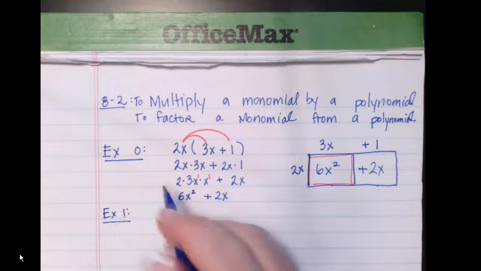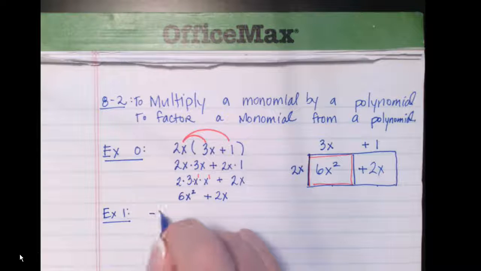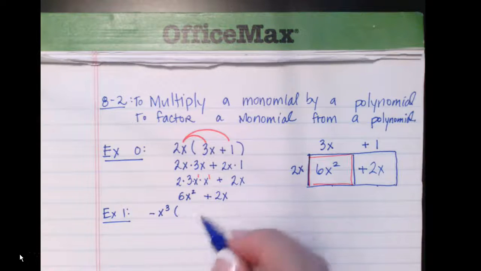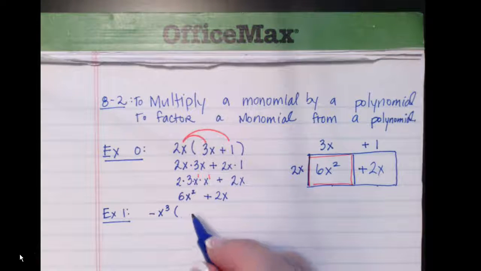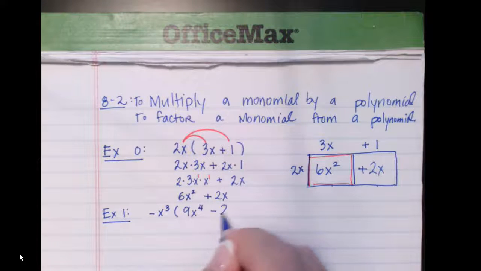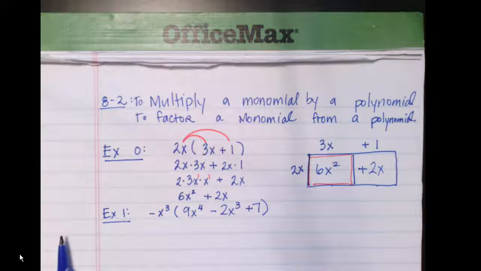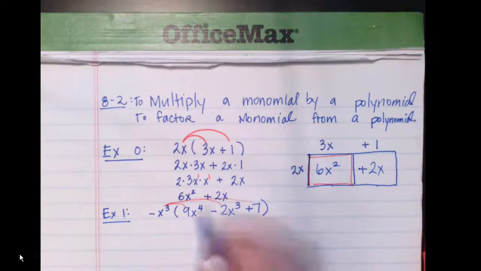In example 1, we want to multiply negative x cubed times a trinomial. So that's going to be times 9x to the 4th minus 2x cubed plus 7. And so for this one, for monomials, I don't need to draw out the box every time. So I'm going to use distributive property. And I'm going to write down everything that's getting multiplied.